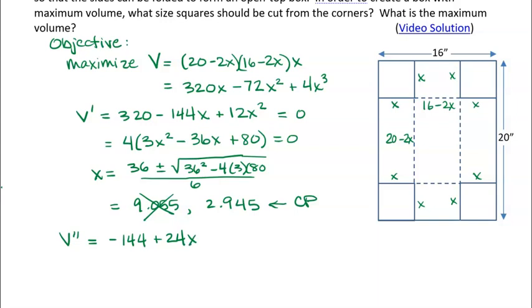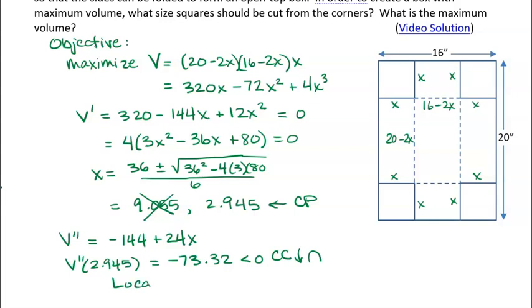And then I can evaluate the second derivative at 2.945, and when I put that into my calculator, I get a negative 73.32, right? That's less than 0, so it's concave down. Concave down, looks like that.